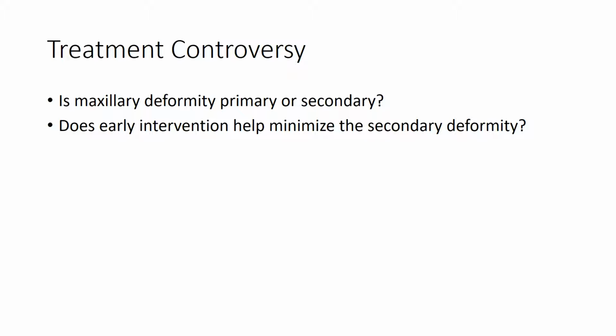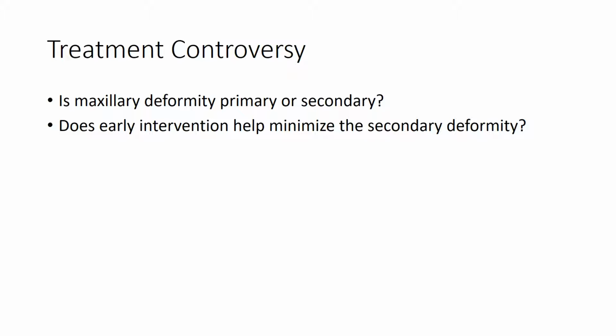So if you believe that the condylar hypoplasia and the lack of growth of the ramus condyle unit on the affected side prevents the downgrowth of the maxilla and the orbit, then if you can intervene and lengthen the mandible on the affected side early, you could give room for the maxilla to grow and prevent the secondary deformity of the maxilla.